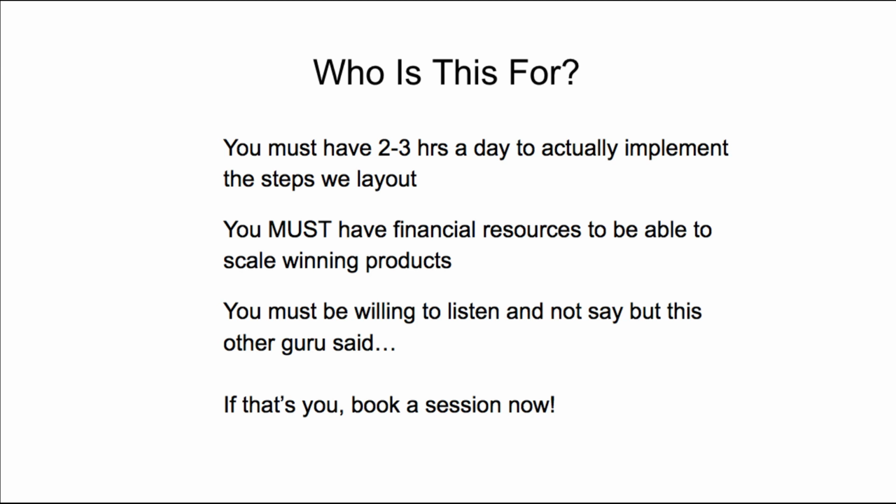You must be willing to listen and not say, oh, but this other guru said this. We don't care. Other gurus' stuff works for them. And the reason it works for them is the same reason it works for us. We have our own system, we follow the system, and we don't use Guru A stuff, Guru C, Guru E, and pile them all together. It doesn't work like that. If you look right now in your life, if you're following 15 different gurus, you're mixing all those little tiny things, and you're probably looking back and asking, why isn't this working for me?